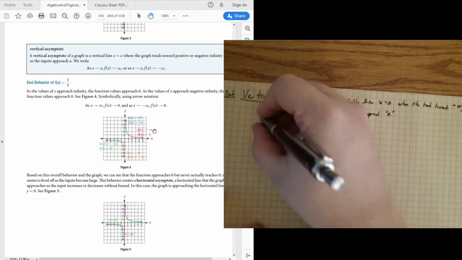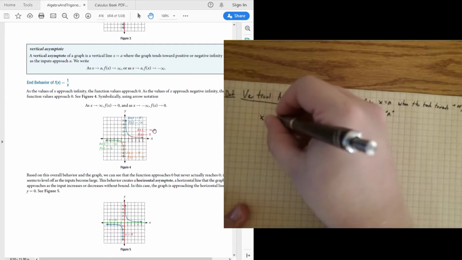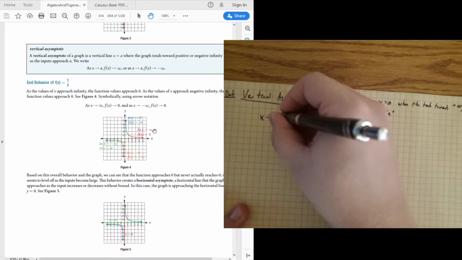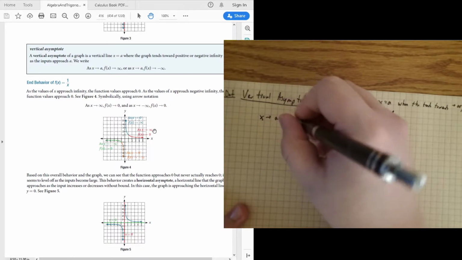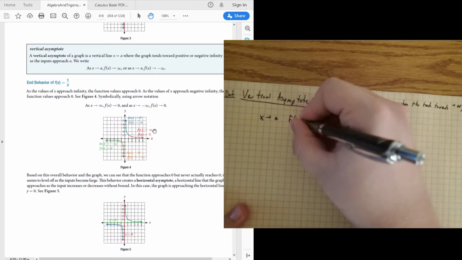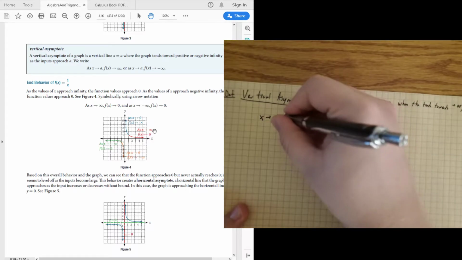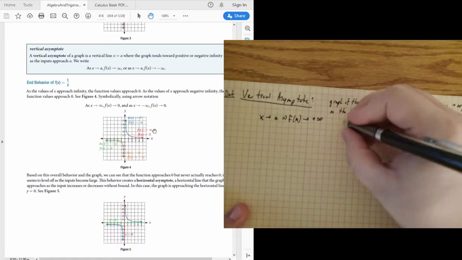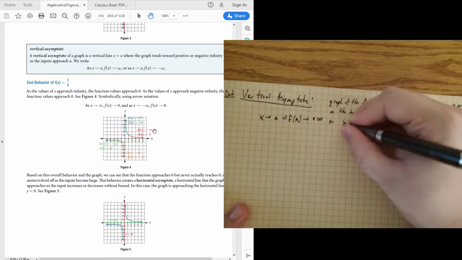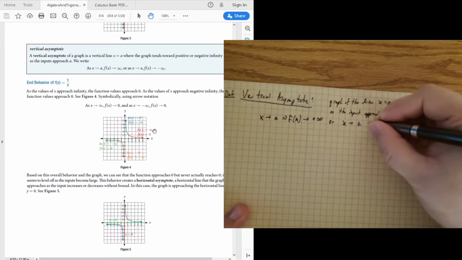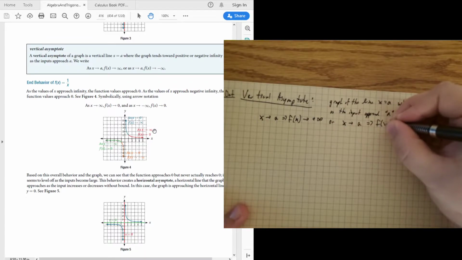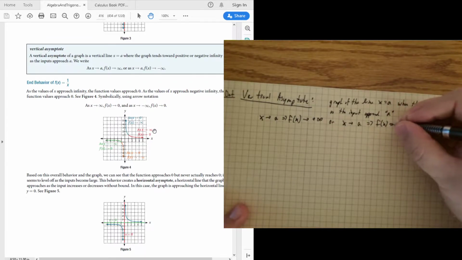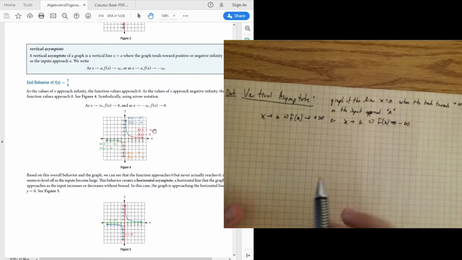In other words, as x approaches a from the right or left, f of x approaches positive infinity, or as x approaches a, f of x approaches negative infinity.